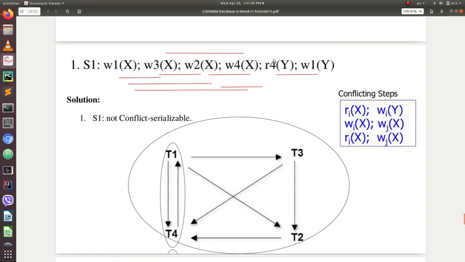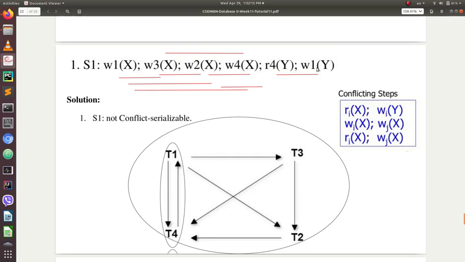Next, the read operation of transaction 4 on element y. According to the conflicting steps, we have two conflicting steps that start with the read operation.